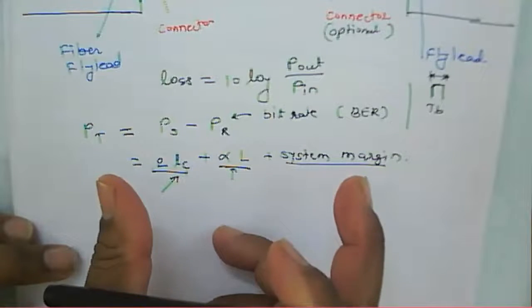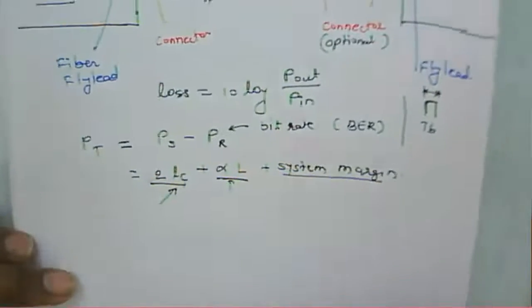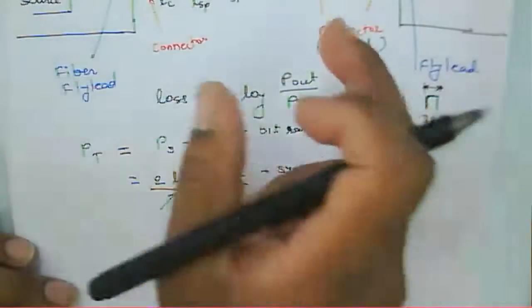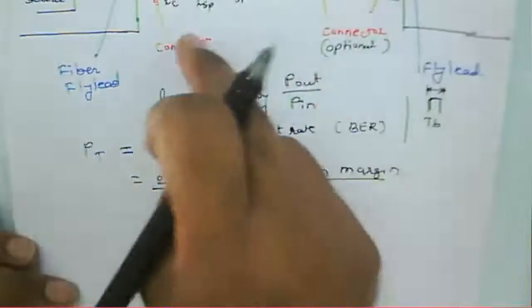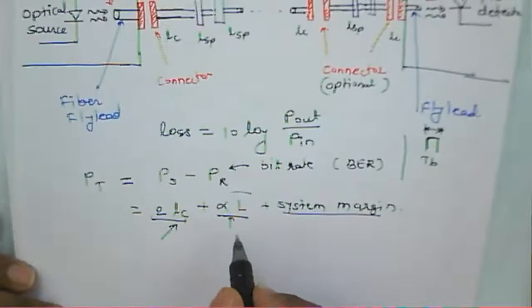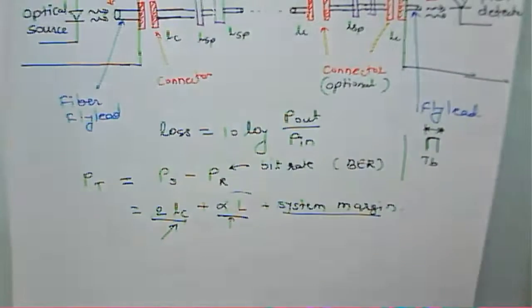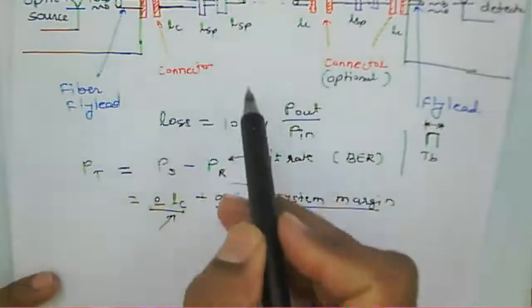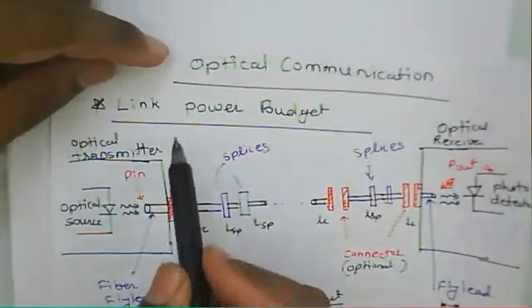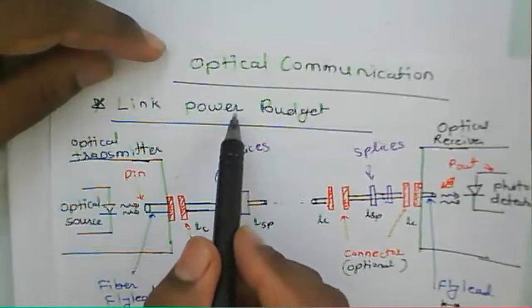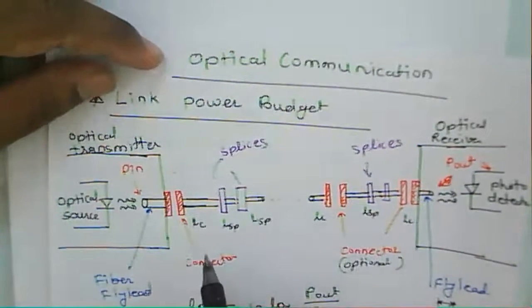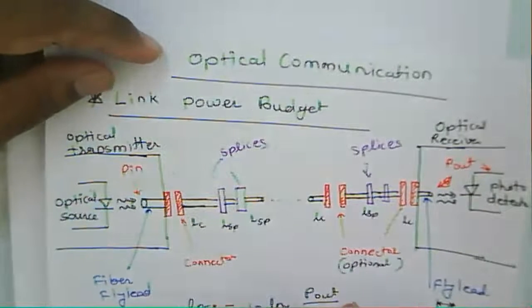So for the overall link power budget, we talk about a given particular link length, whatever the link we have for the given particular length of the fiber. This will tell you the length of the fiber, and for that given length, what the total attenuation will be. Here we use the word link power budget, but in another sentence it is nothing but a power budget for the given length.